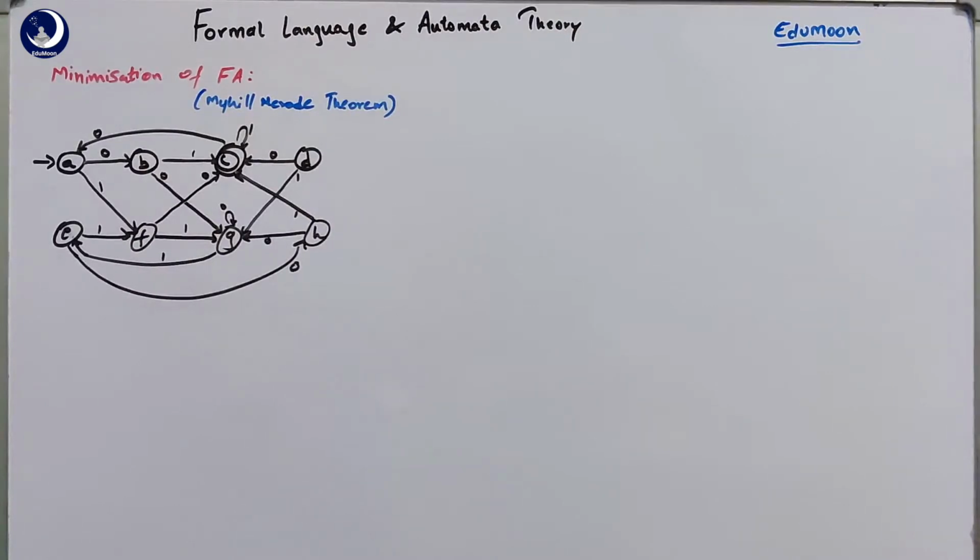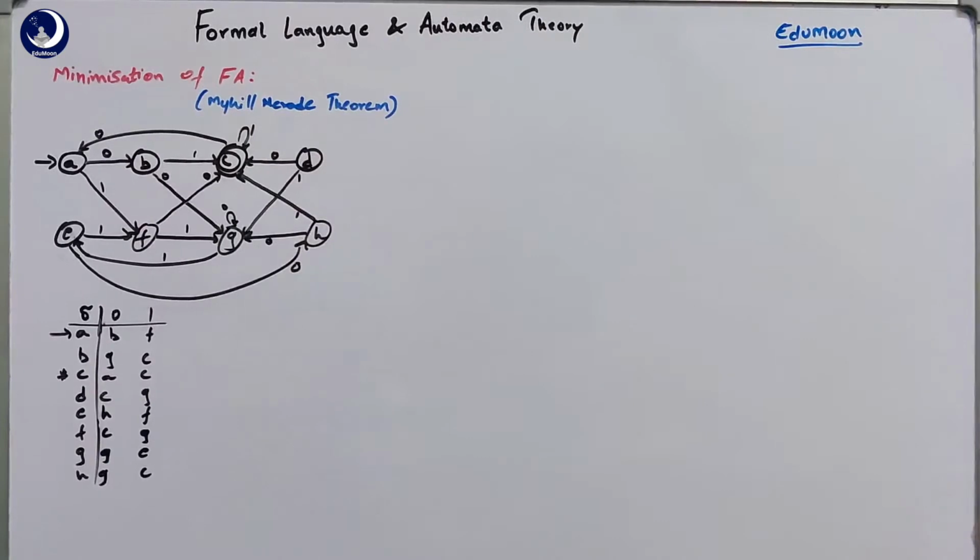The transition table looks like this table shown here. A is the initial state and C is marked with a star, that is the final state. The transition table is given here for each of the states. A on 0 goes to B and A on 1 goes to F. You can see that in the diagram, and that is the same thing we have given in the table.